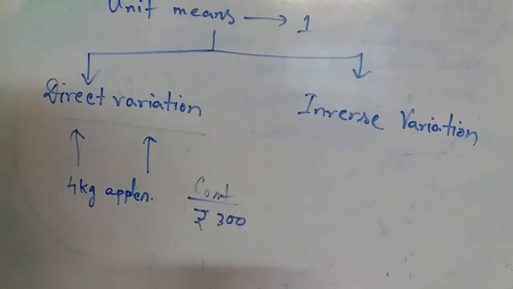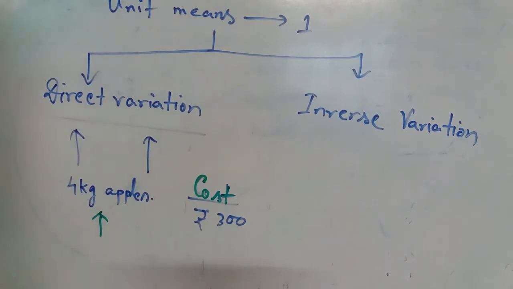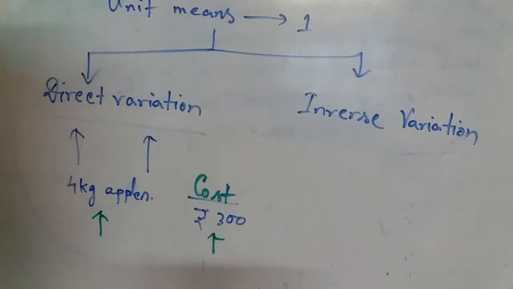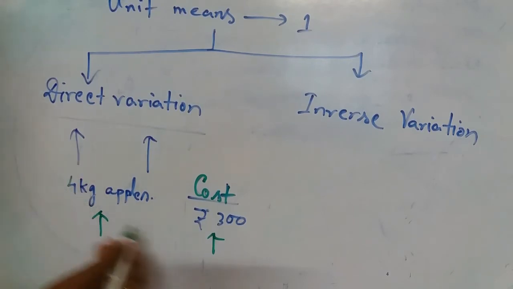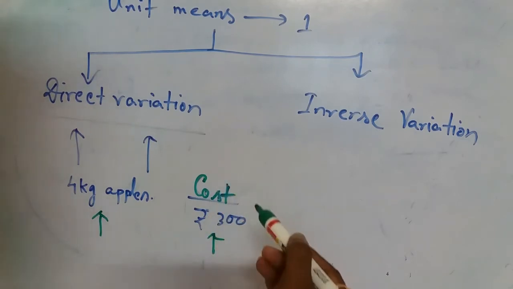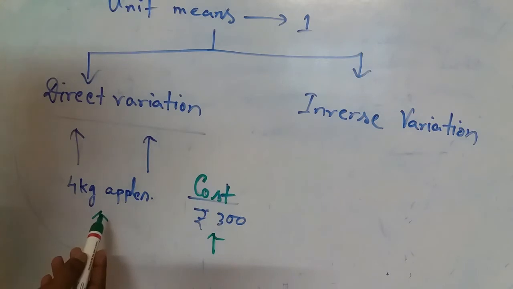Now if I buy more apples, then I have to pay more money. So if the amount of apple increases, the amount of money I have to pay also increases. This type of variation is known as direct variation.